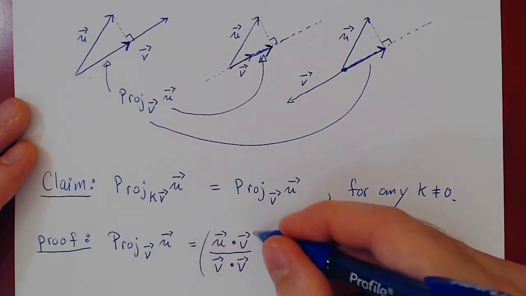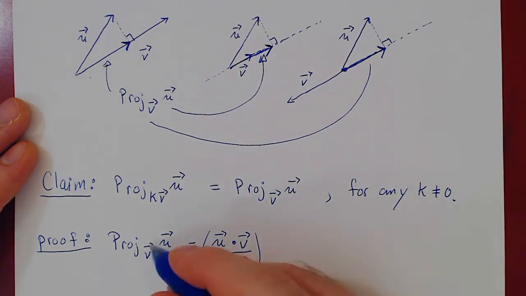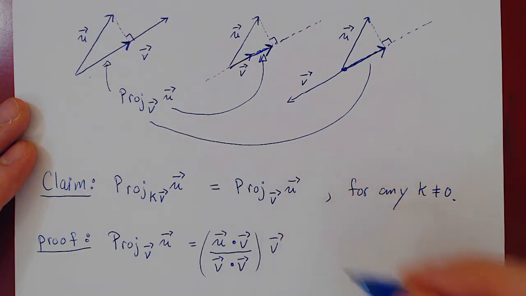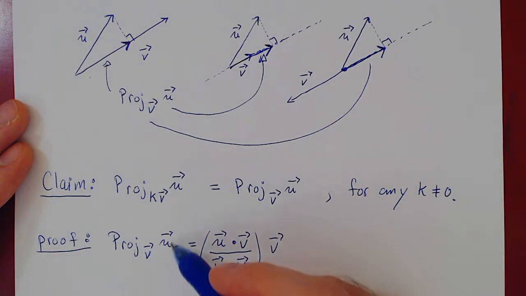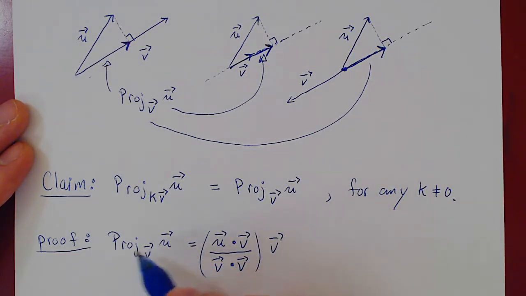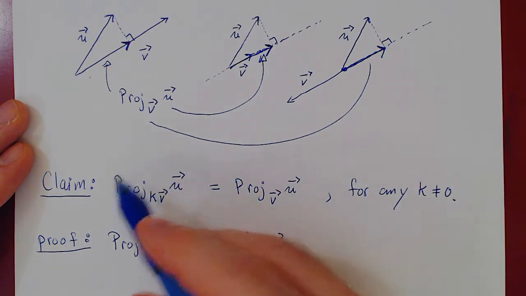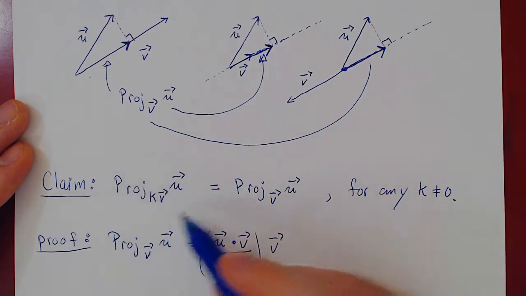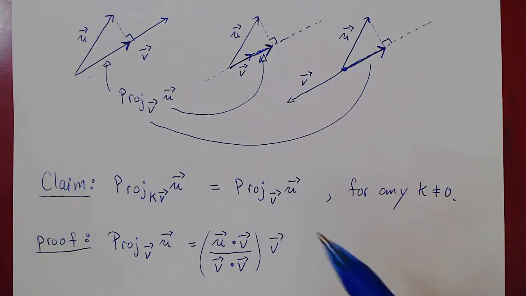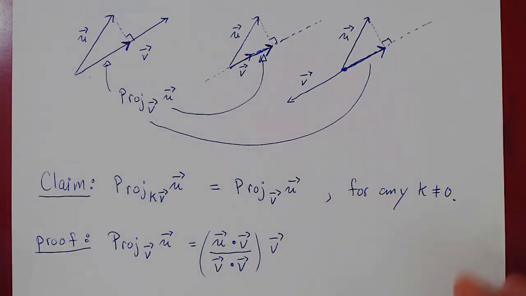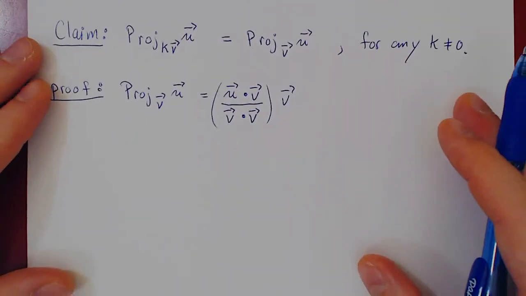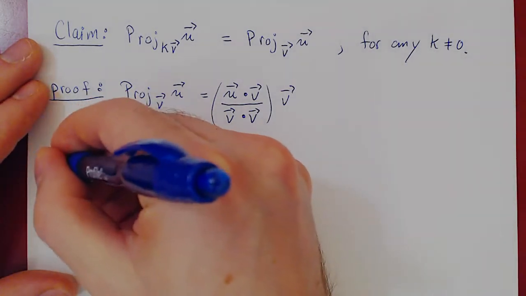This is again just a scalar multiple times vector v. And this is true for any vector u and any vector v. Let's apply this formula onto the left-hand side, and we'll easily get the right-hand side with the familiar properties of the dot product.